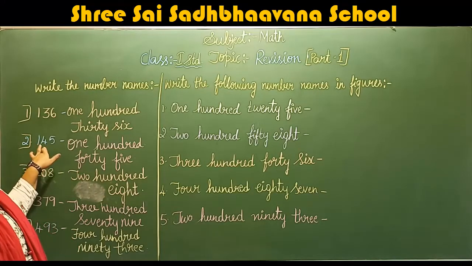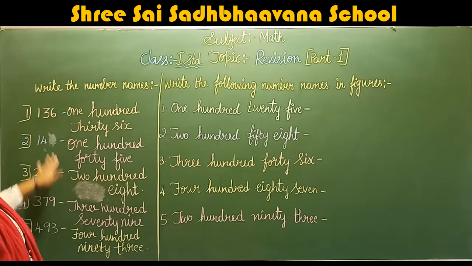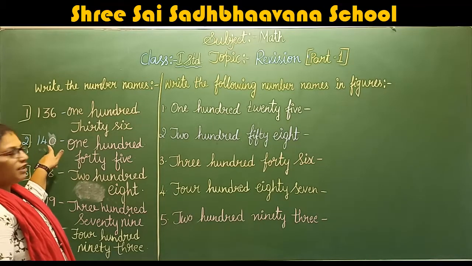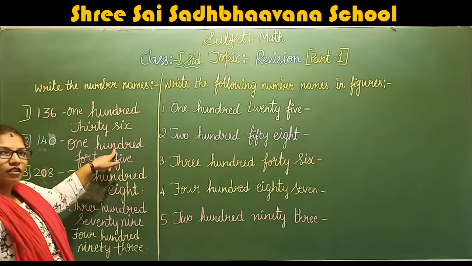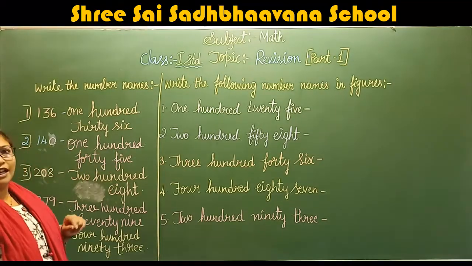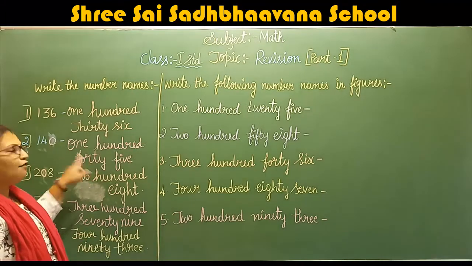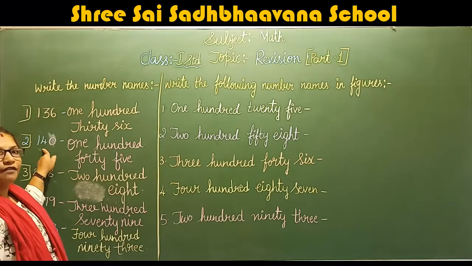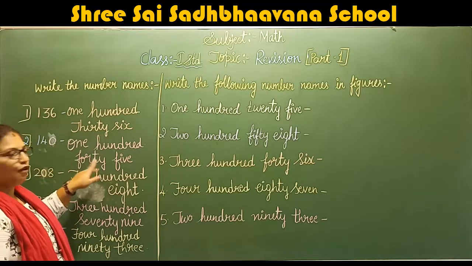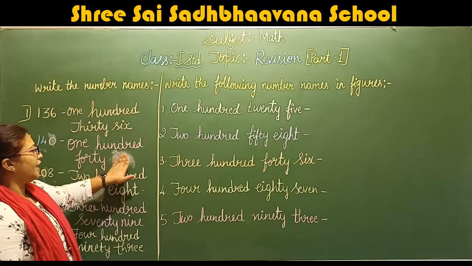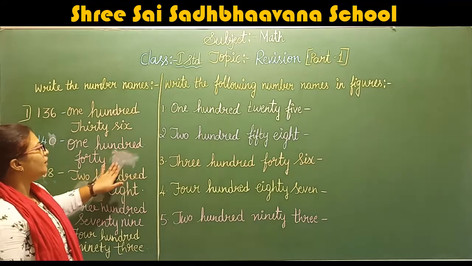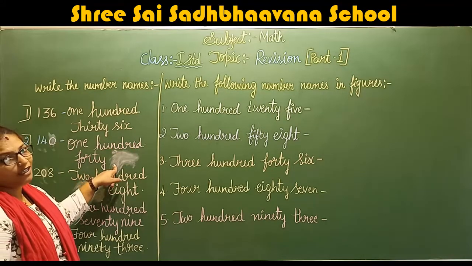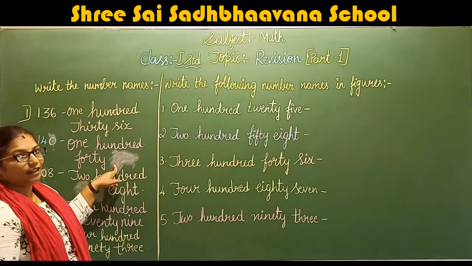Now here is 145. Suppose I rub this 5 and write 0 here. So it is 140 now, and the hundred is the same. Next, in the tens place we have 4, so its value is 40. So we write forty. In the ones place it is 0, so you should not write anything there.